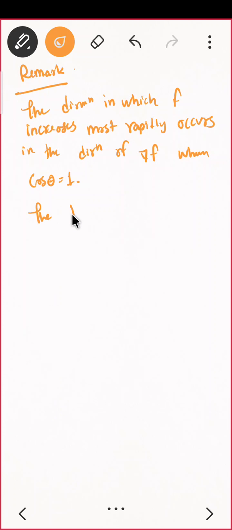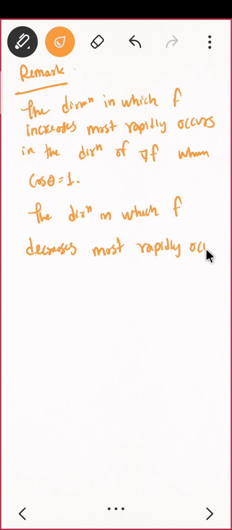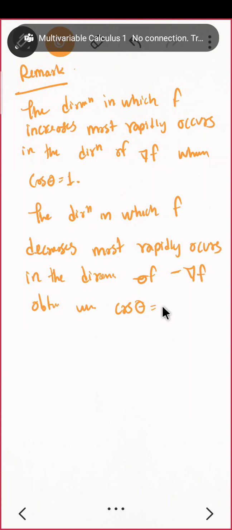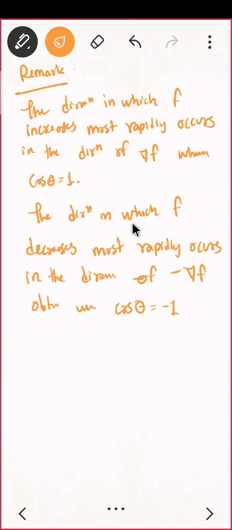The direction in which f decreases most rapidly occurs in the direction of minus del f, obtained when cos theta is minus 1, when theta is pi.